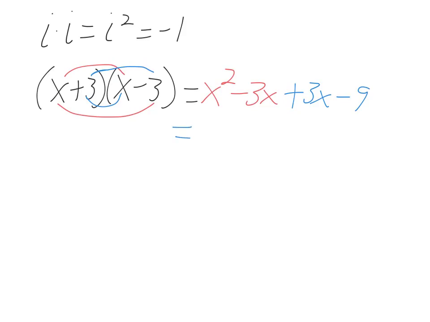So we can see here that we'd have x squared, and the -3x and 3x cancel each other out, so then we just have -9. And that's what's going to happen today, because anytime you take an expression times its conjugate, it basically gets rid of that middle term.